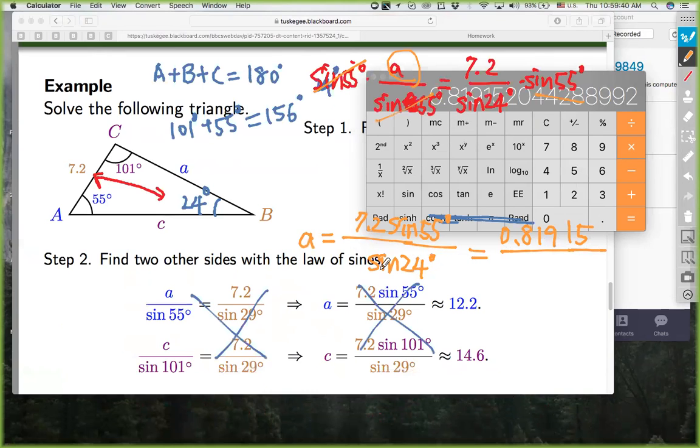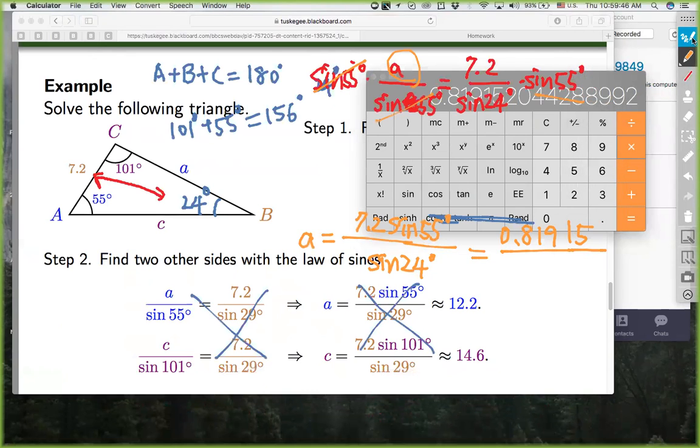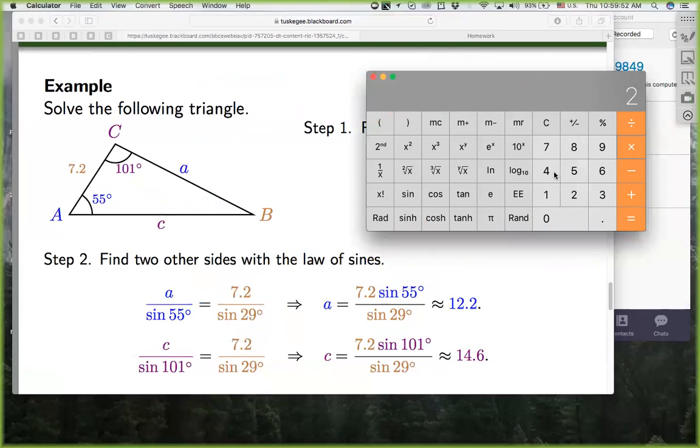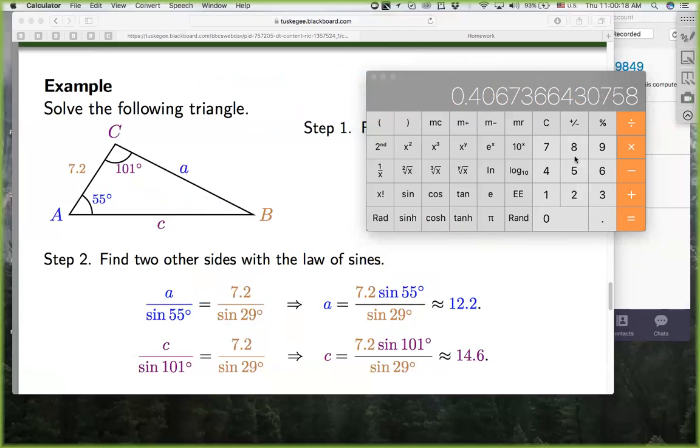And in the denominator, we have to write down sine 24 degrees. So sine 24 degrees is 0.4067. Let's add one more digit. Then divide the numbers. Or we could just do this in one step using a calculator. Just type in all the numbers in the numerator first.